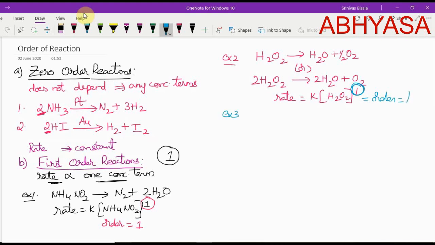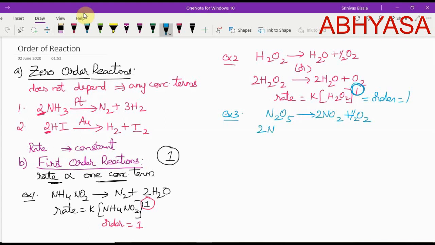Same with the case of decomposition of N2O5 also. N2O5 decomposes in order to give NO2 and oxygen. If I balance the reaction, it is like this.